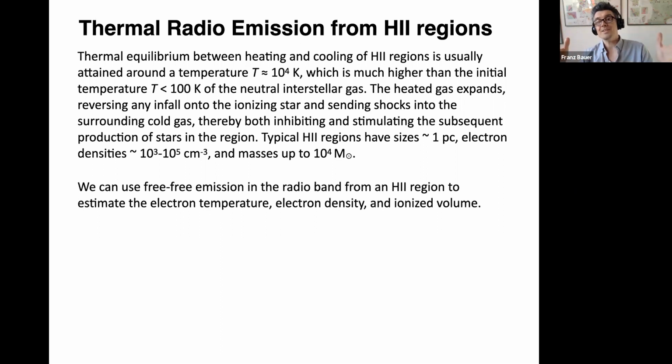So you can estimate the number density of electrons there. And then the normalization of the total emission will depend on the number density squared and the temperature. And so you can then estimate various properties of the system. Okay, thank you.